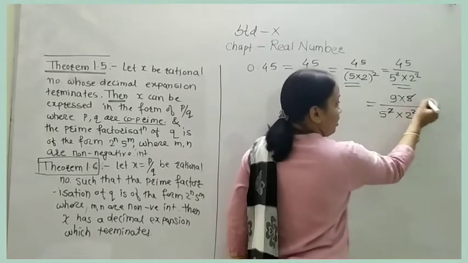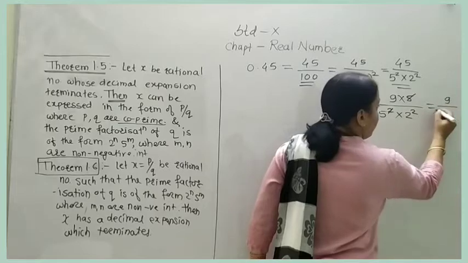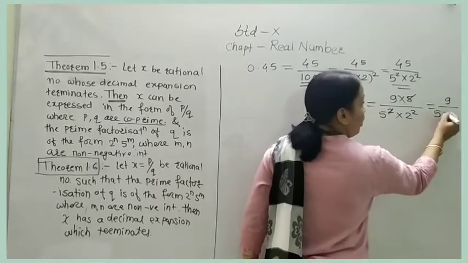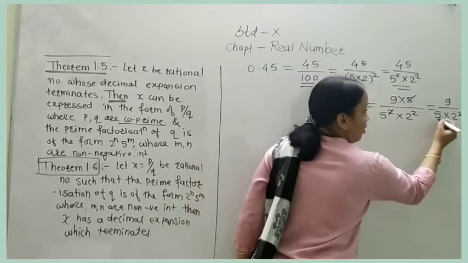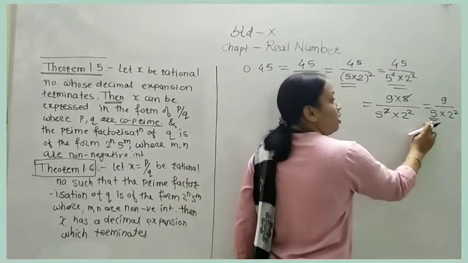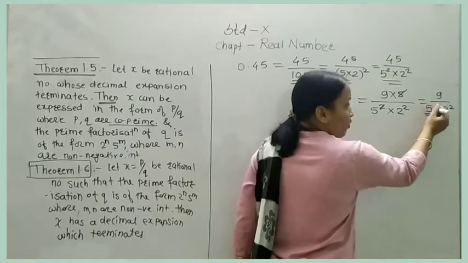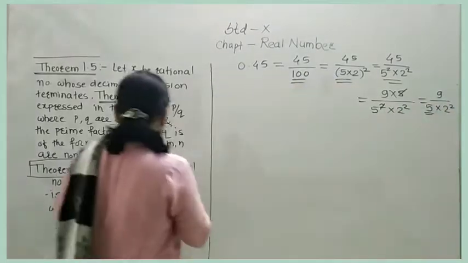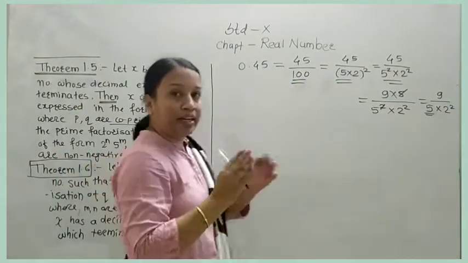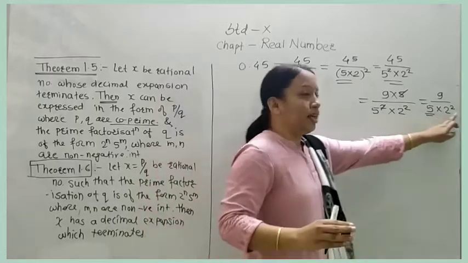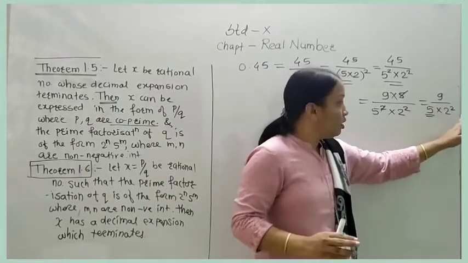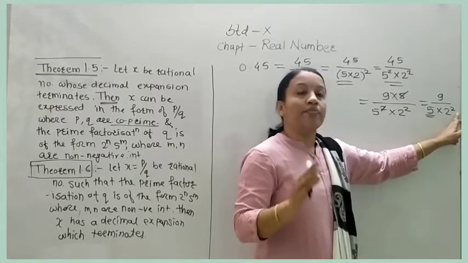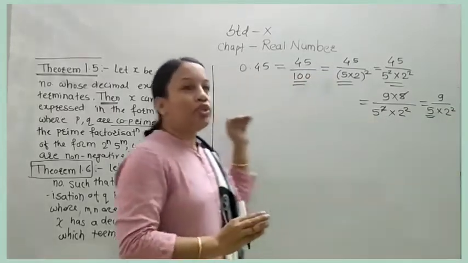Now 5 gets cancelled, so it is 9 over 5 into 2 square. Means the denominator q is expressed in powers of 5 and 2: here 5 raised to power 1, and you can take these as m and n. Why? Because m and n are different and they are non-negative. Here the power is 1, here the power is 2. They can never be negative. This is the meaning of this theorem.